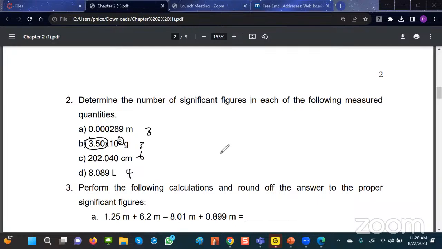Okay, so that's it. So before we move on to the next question, I want to go back to something I skipped over. Now that we have discussed significant figures, let me scroll back up.